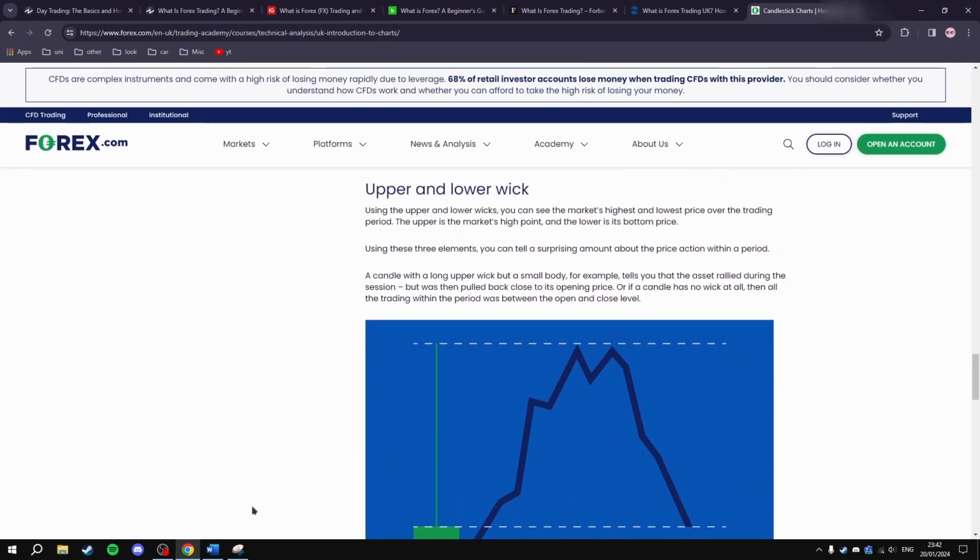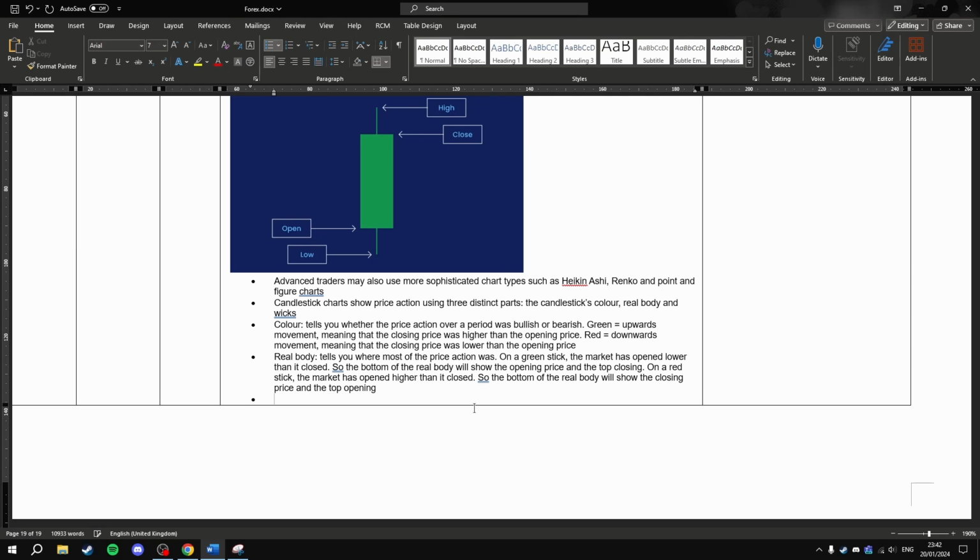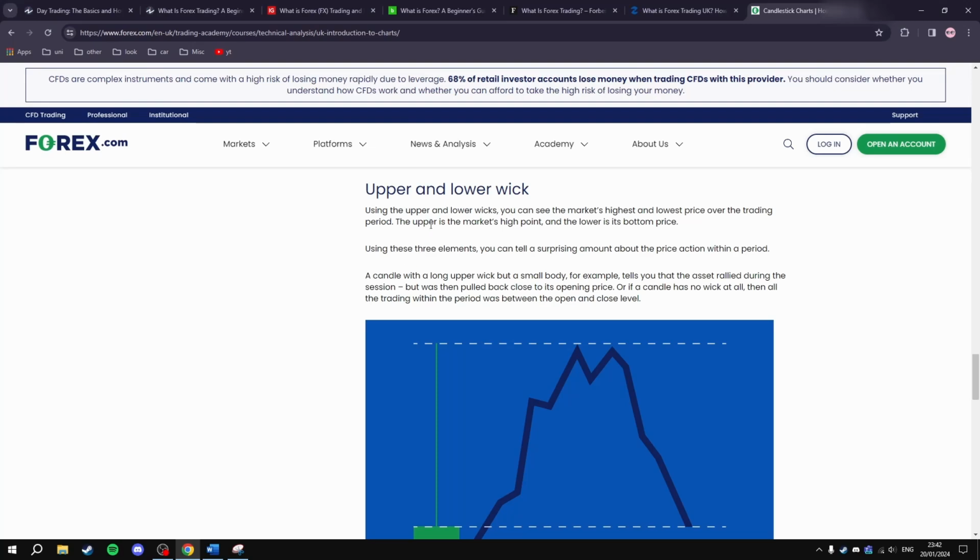Upper and lower wick. Using the upper and lower wicks, you can see the market's highest and lowest price over the trading period.